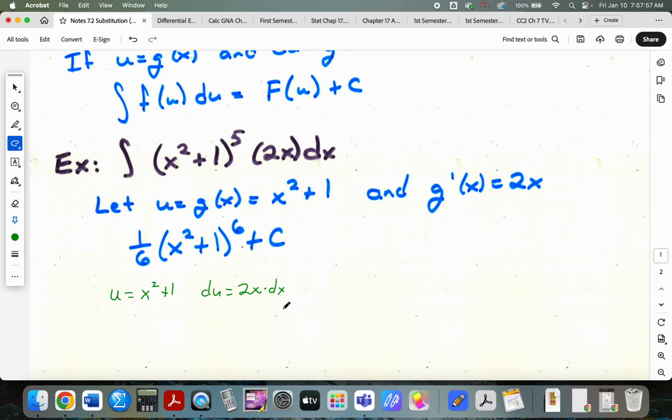Some textbooks have you write du dx equals 2x and then multiply both sides by dx, but it's an extra step that you have to do on every single problem. It's more than we want to do. So now our integral will be the integral of, notice I've got the x squared plus 1, that's u, raised to the 5th, and the 2x dx is all du.